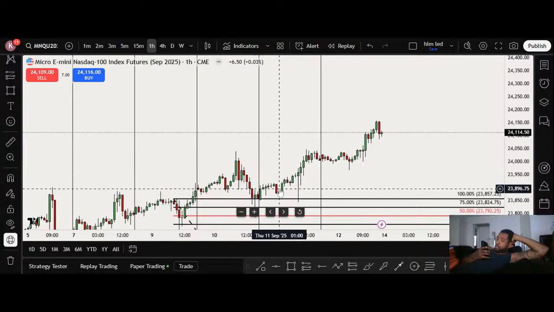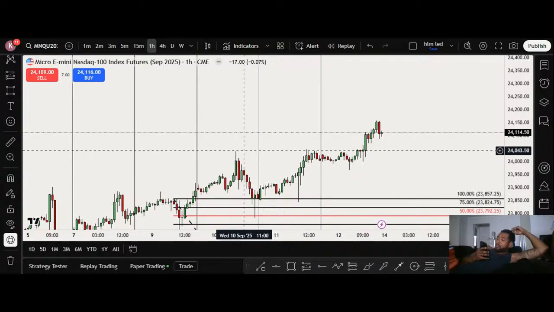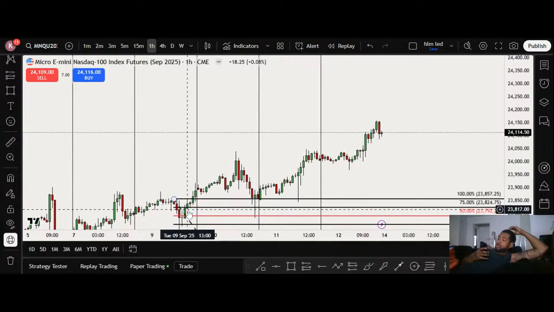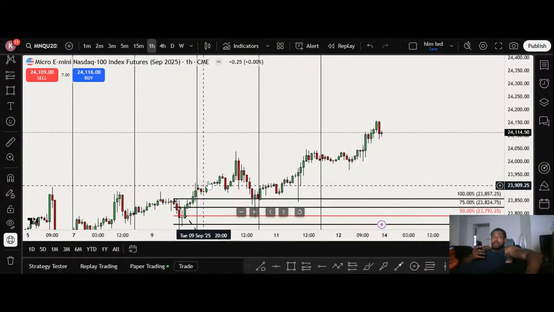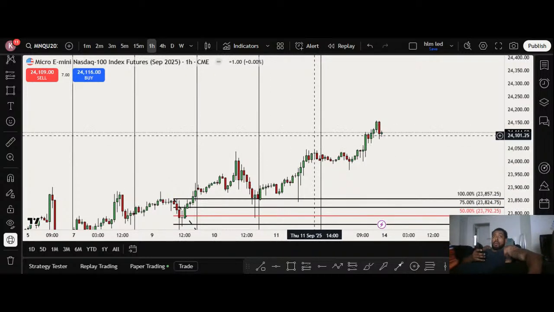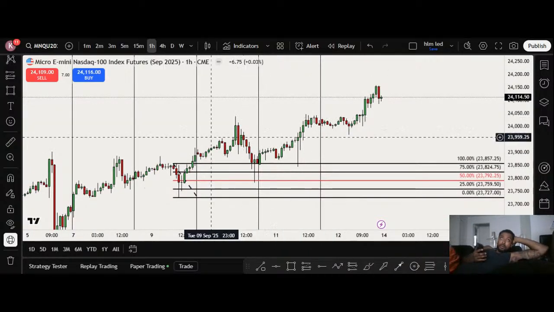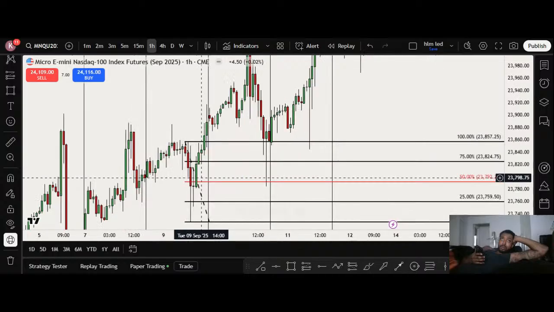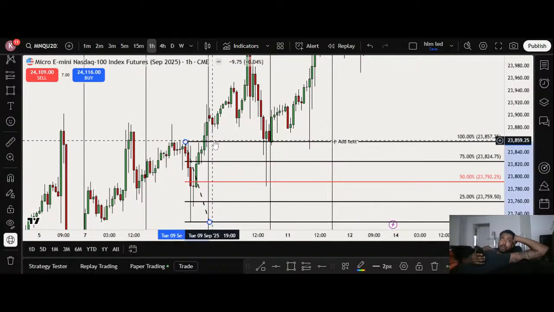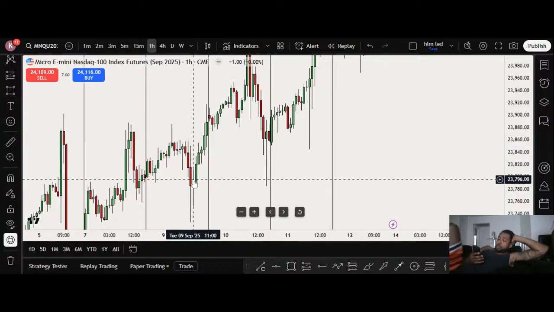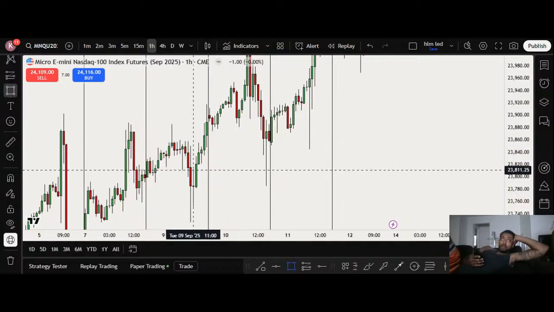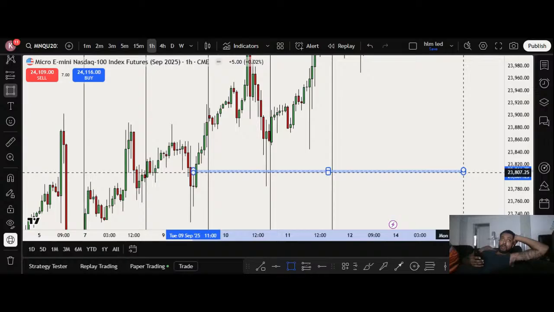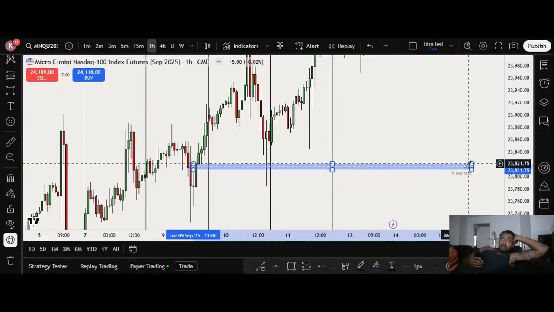Wow, we already retested everything, we already did everything we needed to do down here. We generated liquidity. We retested an inefficiency, which was here. We came up and retested a very small inefficiency here, which is a fair value gap.